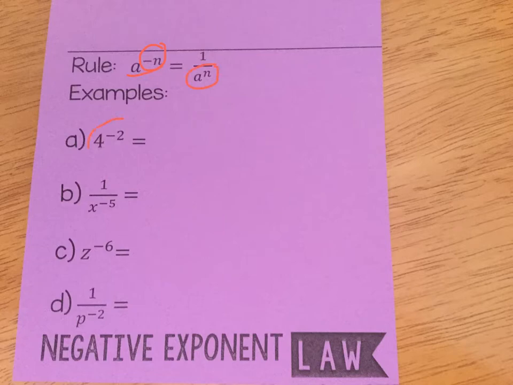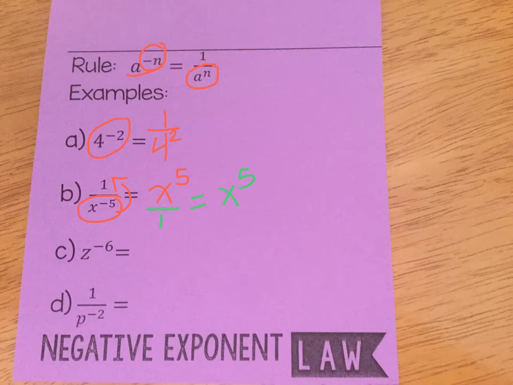So this 4 to the negative 2, we would write it 1 over 4 squared. It's the same thing, but now our exponent is positive. Now, if it's backwards, where in the denominator it's negative, we would move it to the top, meaning x to the 5th power. And technically it is over 1, but do we really need to write that? No.